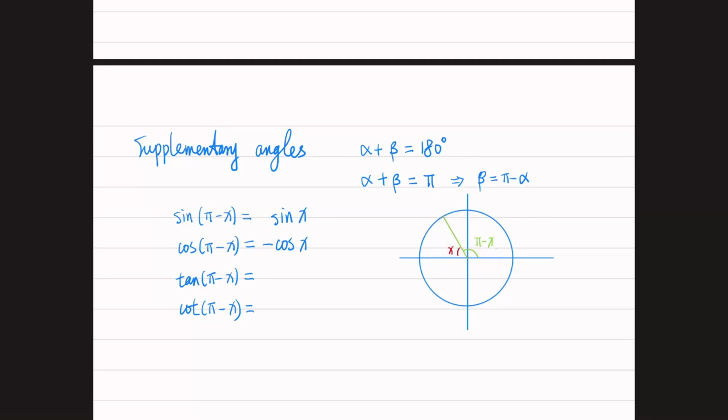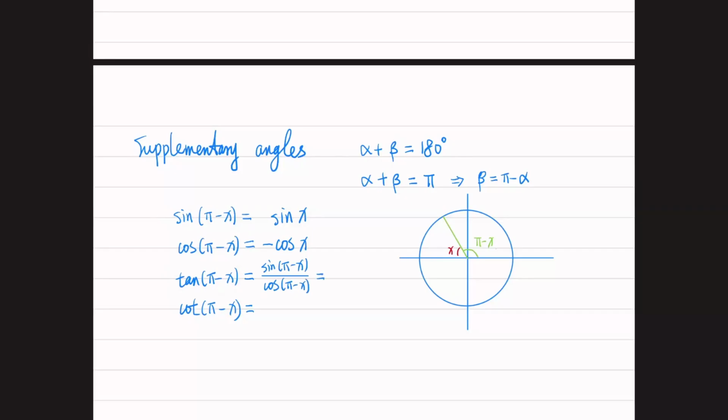Okay, now we have sine and cosine. Jessica, about tangent. First, what's the definition of tangent? It's a quotient, right? Which over which? Sine over cosine. Sine of pi minus x over cosine of pi minus x.